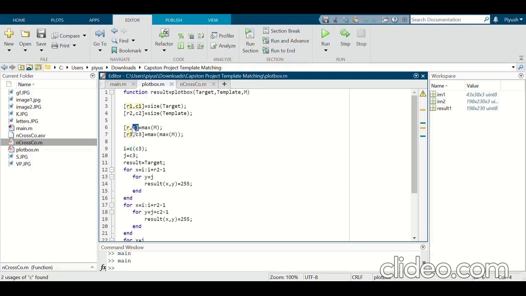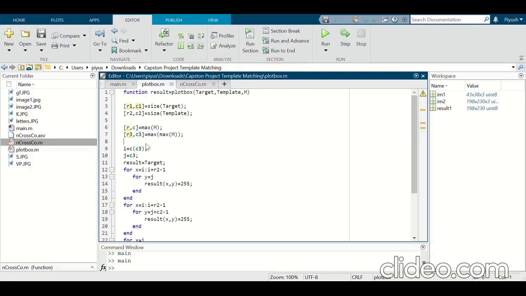So in this way R and C get their values, and then max of max over M gives my maximum value over all of M. That is, I am again taking the maximum over all columns. It gives me the maximum value. And what is C3 storing?